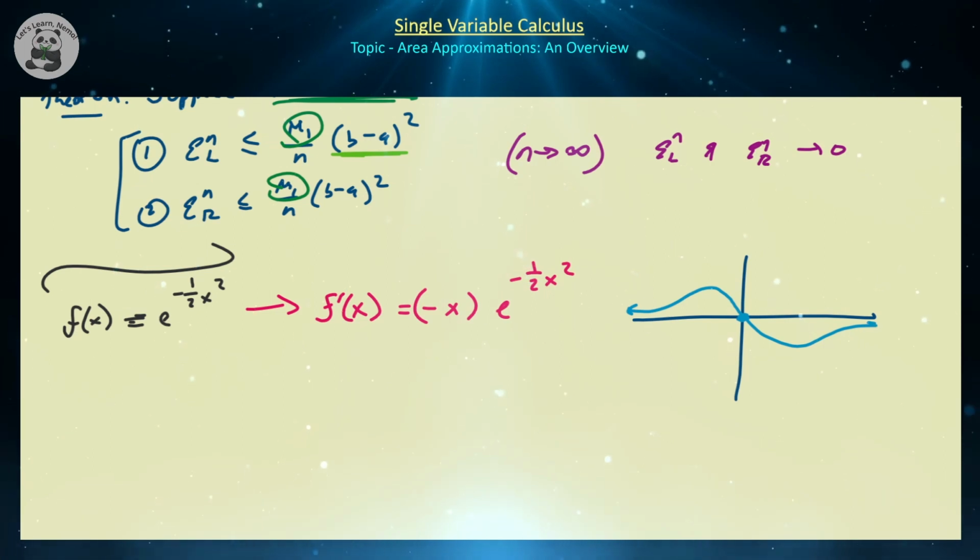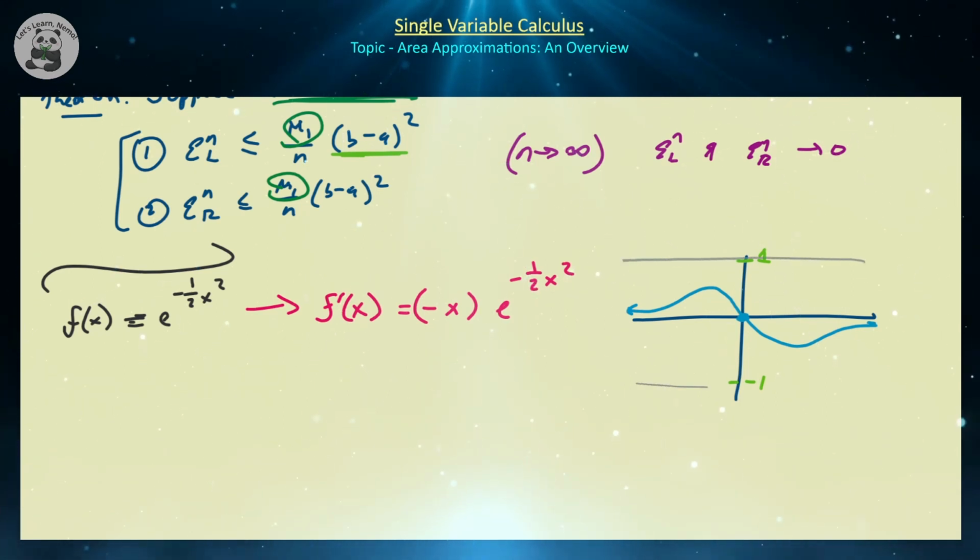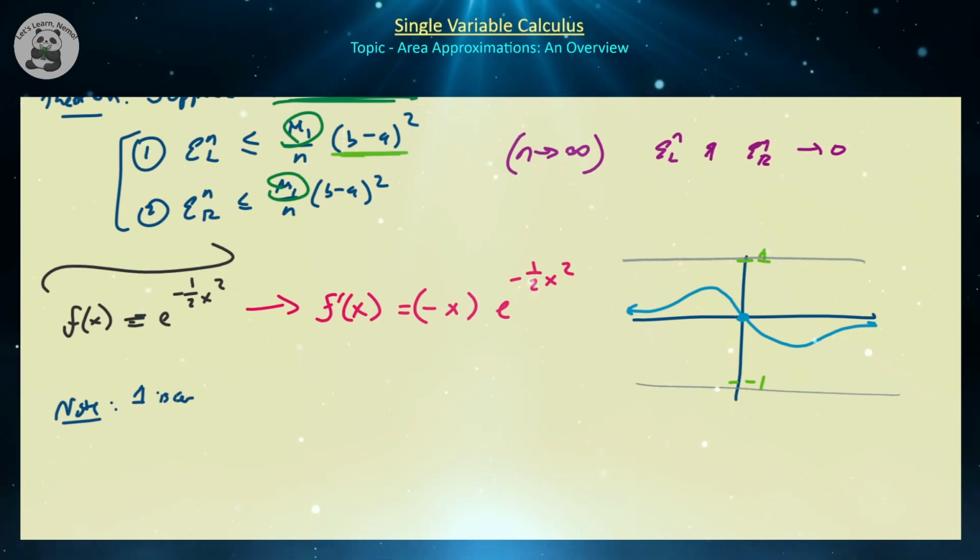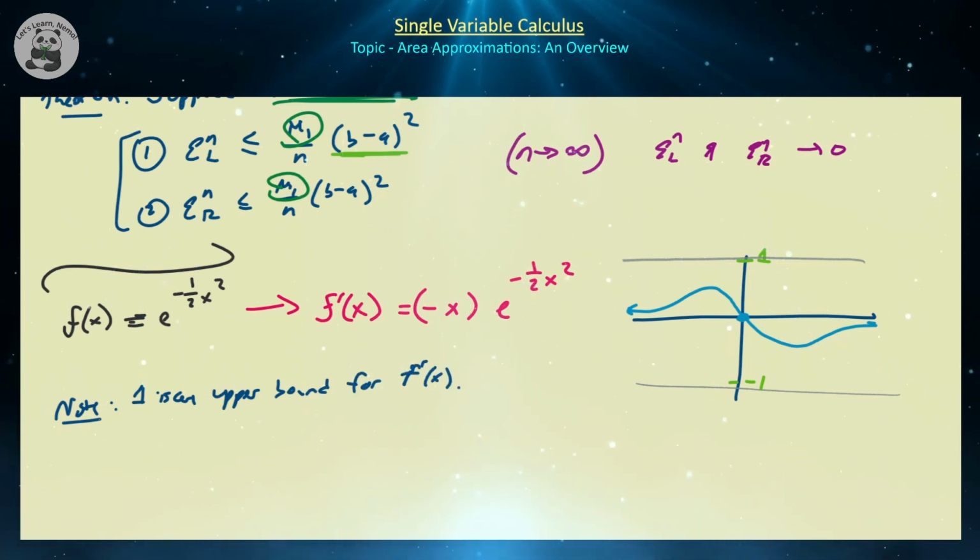Also, using some other graphical analysis tools, you should be able to verify that 1 and minus 1 are always above and below this curve. So based upon this graphical analysis, we can observe that 1 is an upper bound for our function f prime of x.